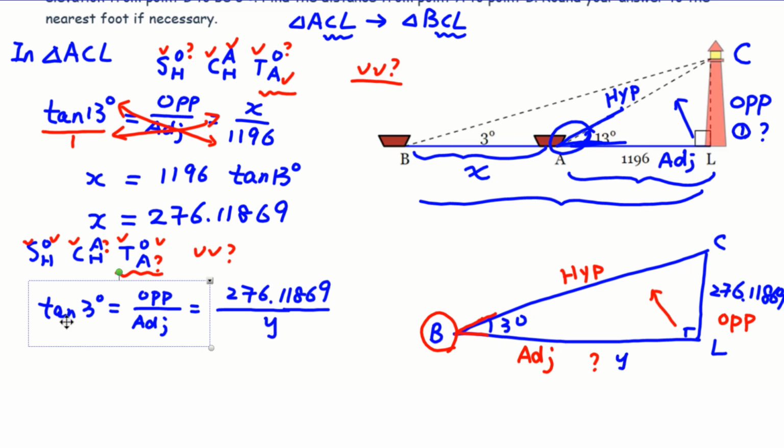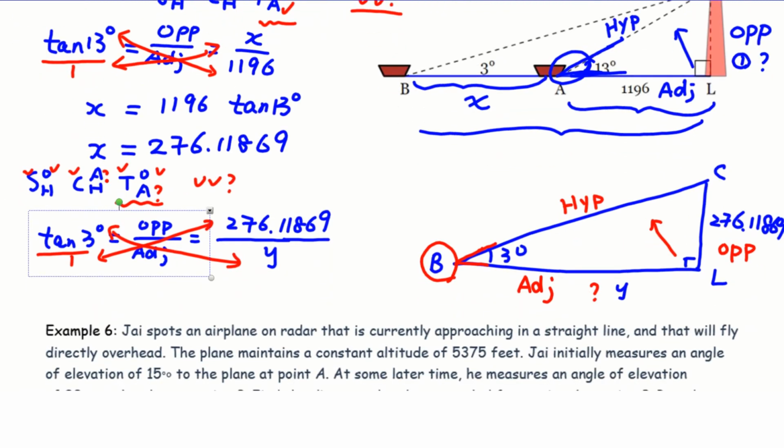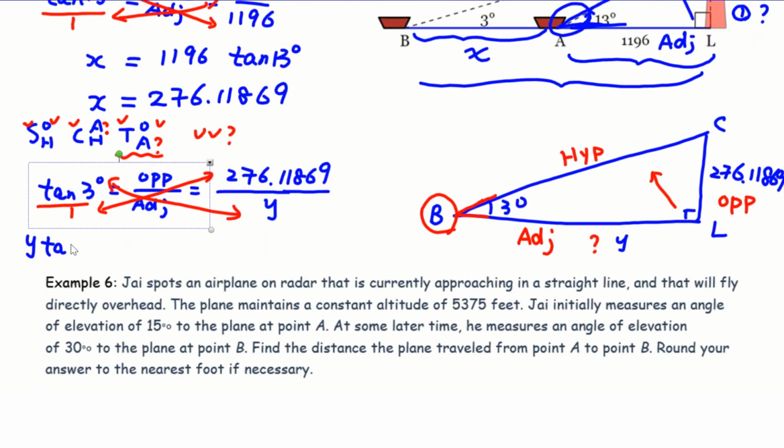Then cross multiplying, you will see you have y times tan 3 degrees equals 276.11869. Then move the tan to the other side and it will be division.